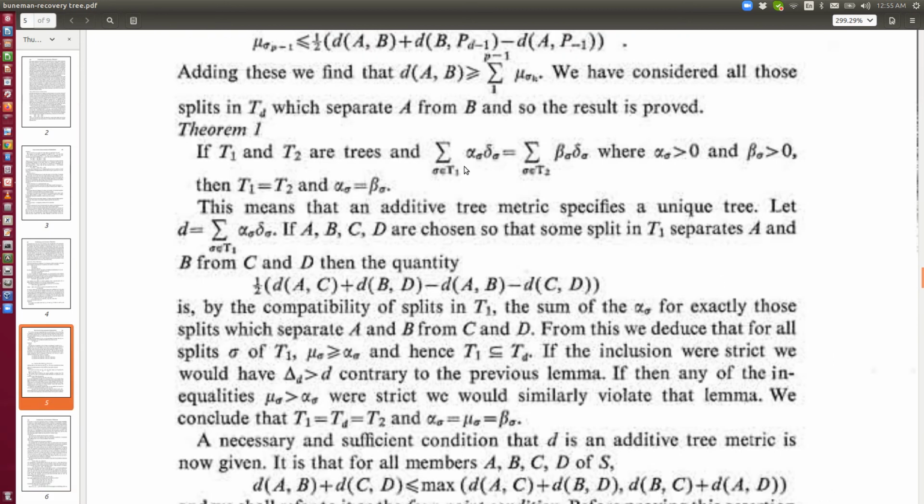If I have 2 trees, and if the additive tree metric is the same, so basically if I look at between 2 nodes, and always the tree metric is the same, then the trees will be the same. And so okay, we will come back to that next time.